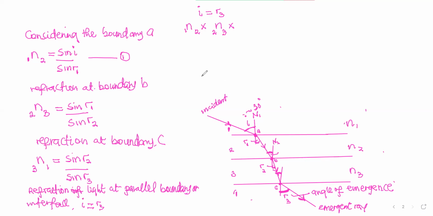Besides, I'm also recording. So we are multiplying all the refractive indices at the various boundaries, times the refractive index from 3 back to 1.